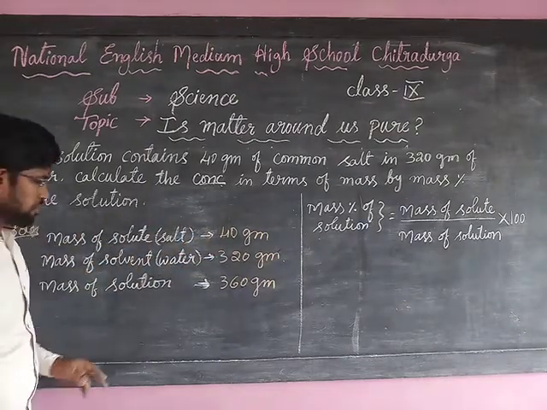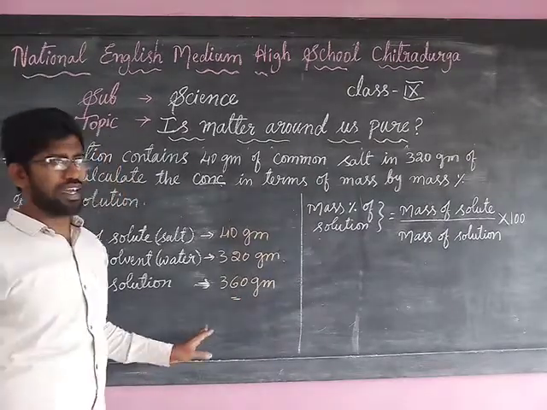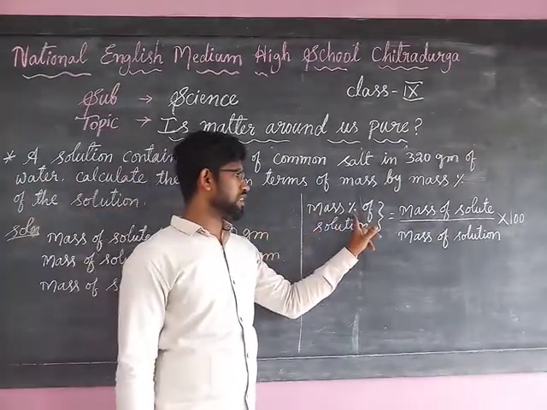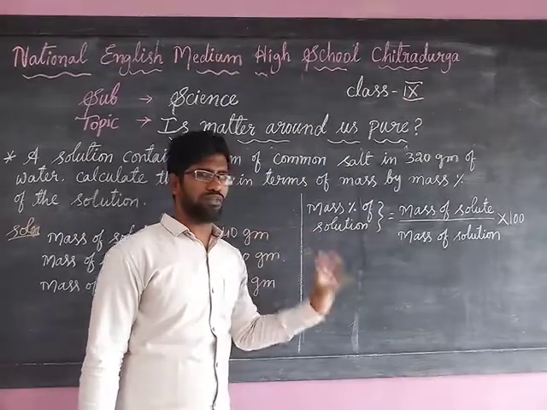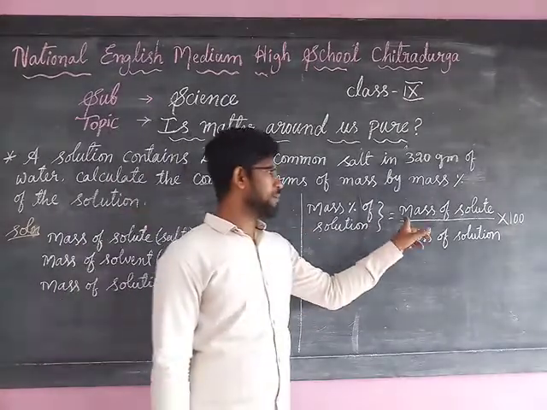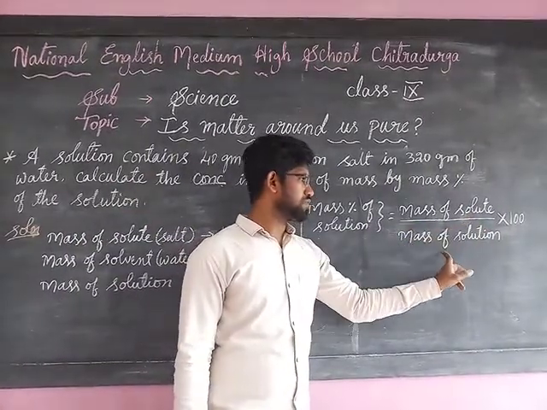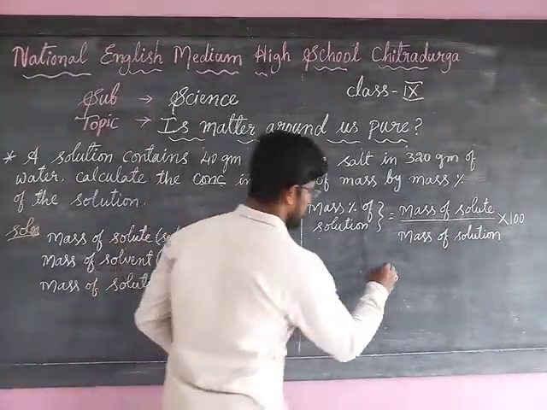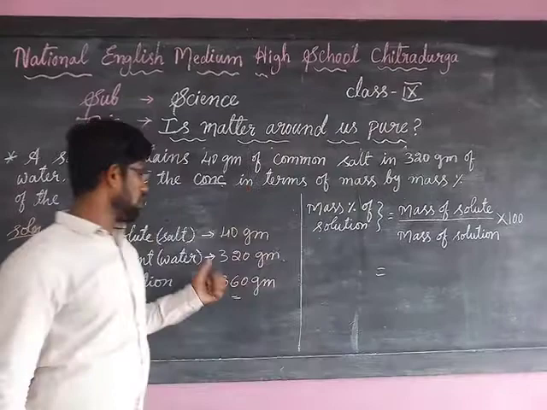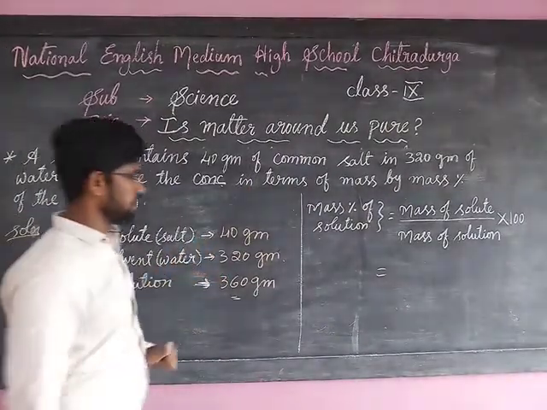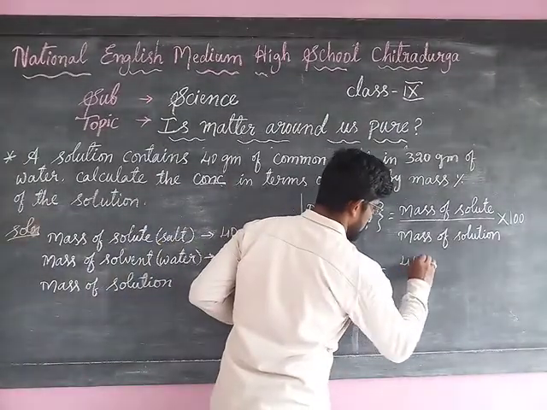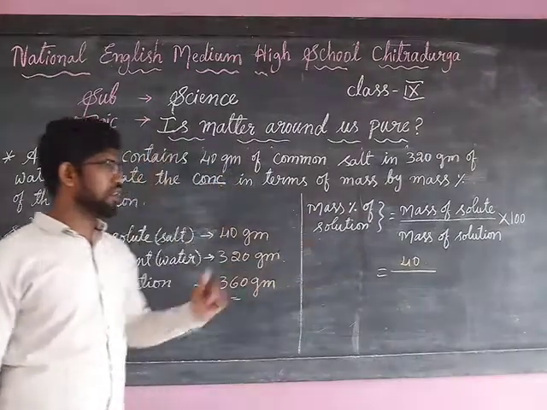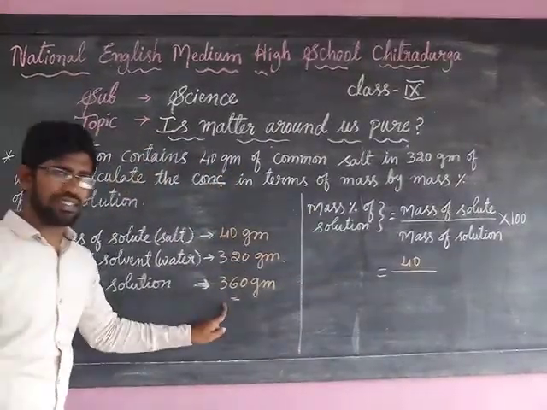Then we identify the mass percentage of solution. Already we have the formula: mass of solute divided by mass of solution into 100. Then we place the values. The mass of solute is 40 grams, divided by the mass of solution, 360 grams.